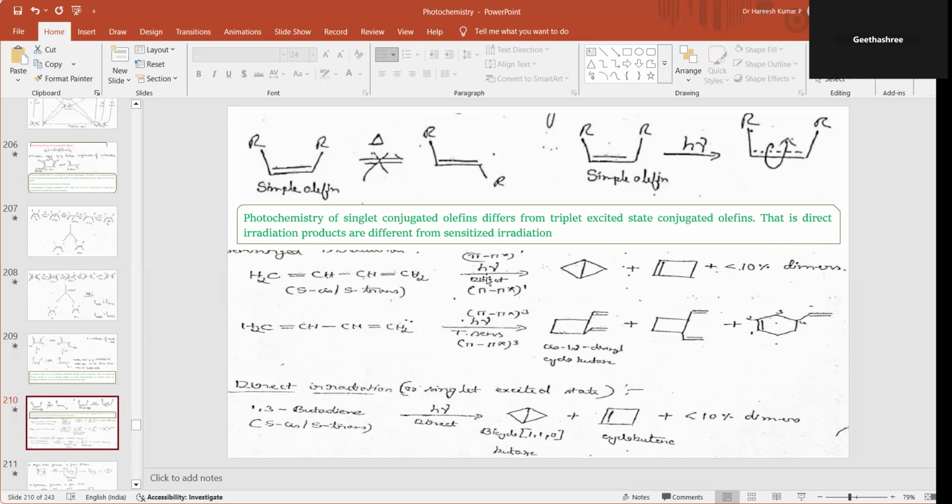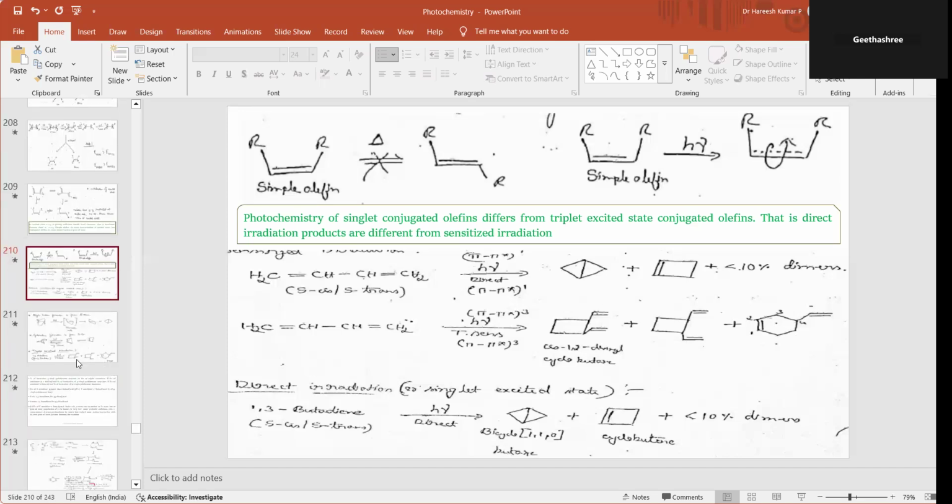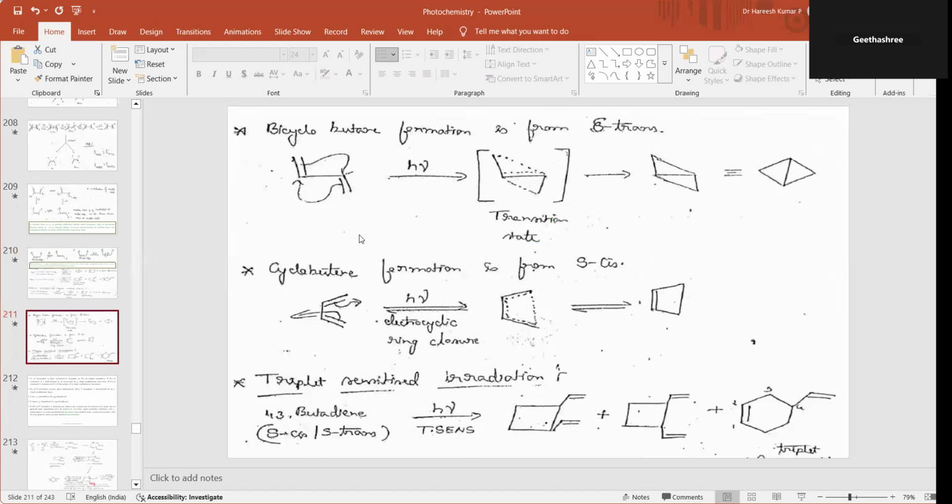In the singlet excited state, only the cyclization occurs with 10% of dimer, whereas in the triplet excited state, it will give you the dimerized product. In addition to the dimerized product, there is also a cyclization product. This we discussed earlier, but now we will discuss its mechanism also.